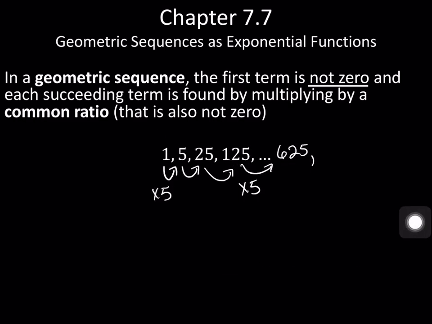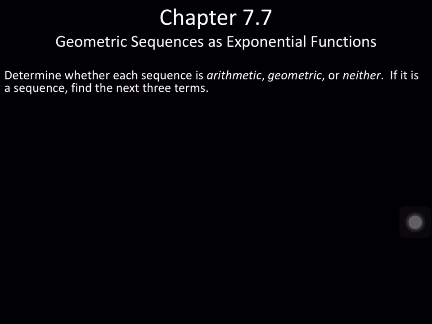And then times 5 again would be 3,125. We can just keep creating this sequence by using that common ratio, 5 in this case, and multiplying it by each term to get the next term.